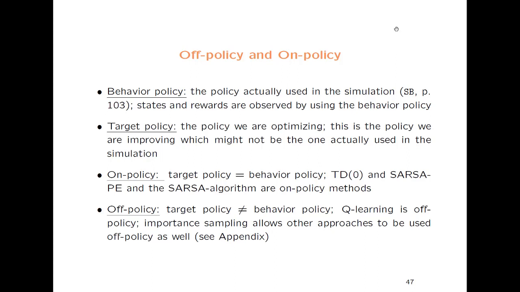So states and state transitions and rewards are observed by using the behavior policy. There's also the target policy, and this is the policy we are optimizing. And this might not actually be the policy which is used in the simulation. So that's why people make the distinction between behavior policy and target policy.